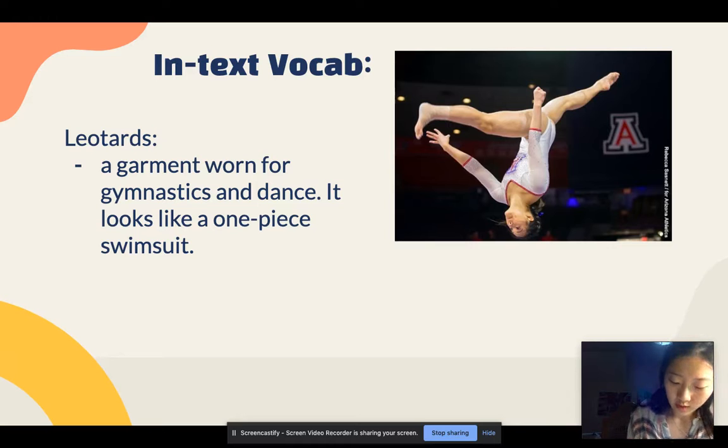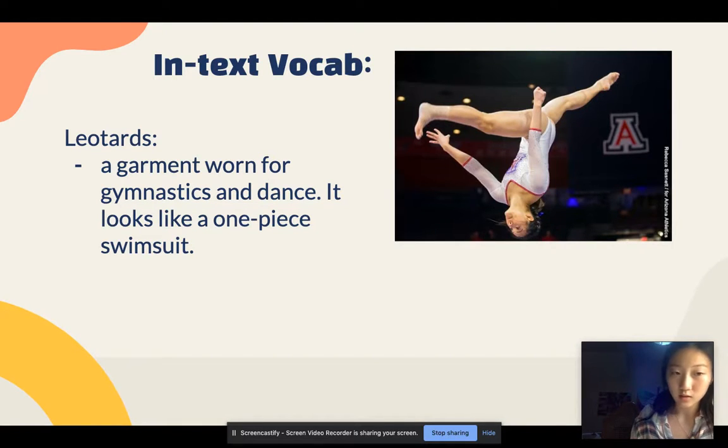So the first word, leotards. And a leotard is a garment worn for gymnastics and dance. It looks like a one-piece swimsuit. Sometimes it's longer sleeves. So a garment, or I'm going to write uniform, for gymnastics or dance performance.